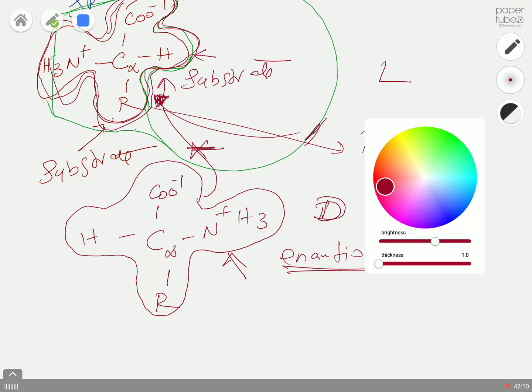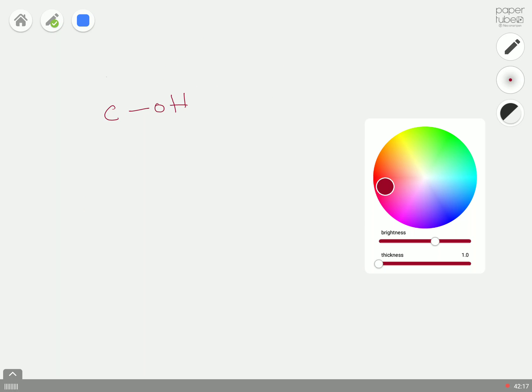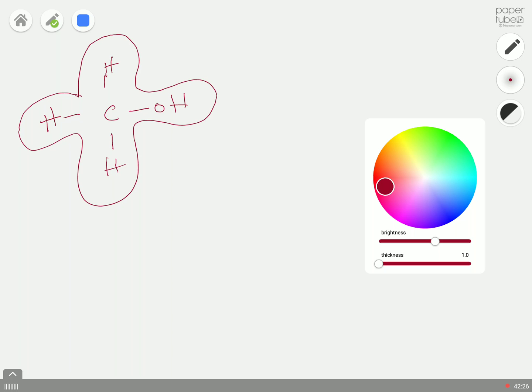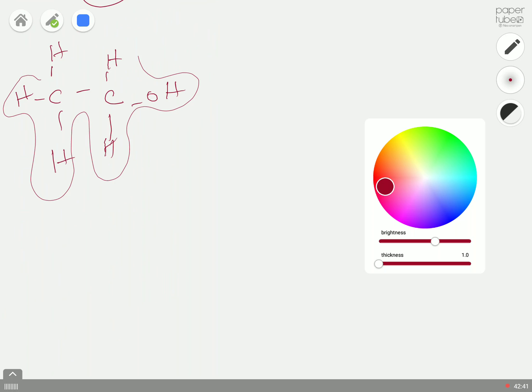And then what is group specific? I'll try to write here. And another one, so this is methanol.